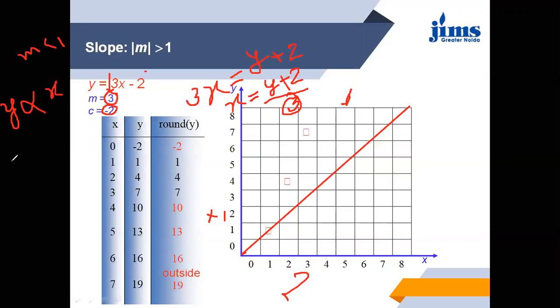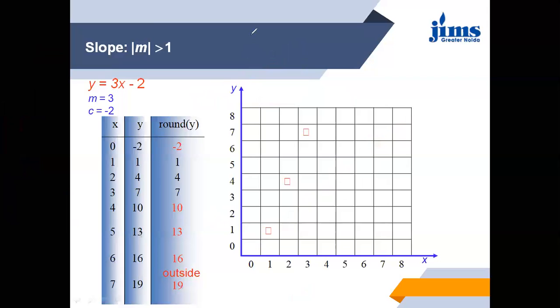But when the value of m is greater than 1, then the value of x is inversely proportional to the value of y. Or we can say this by slope. So let's try to understand the operation of this also.